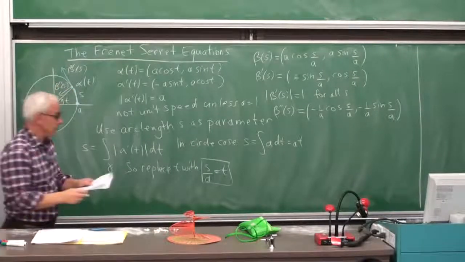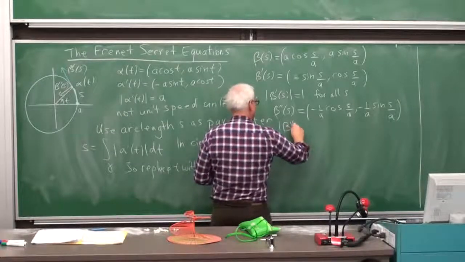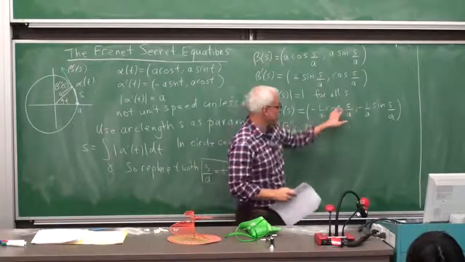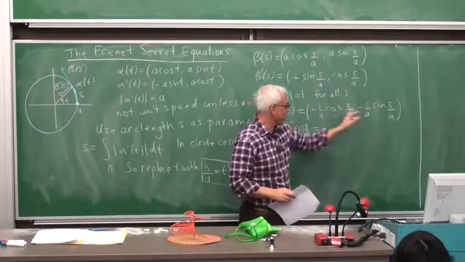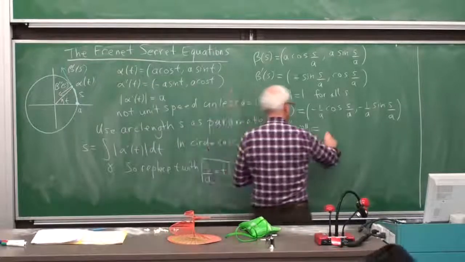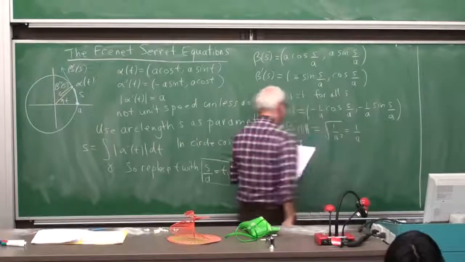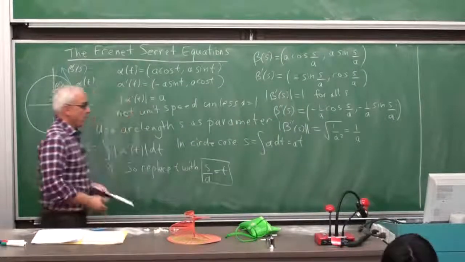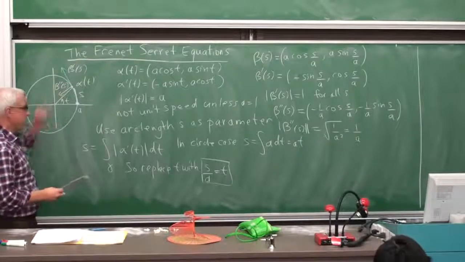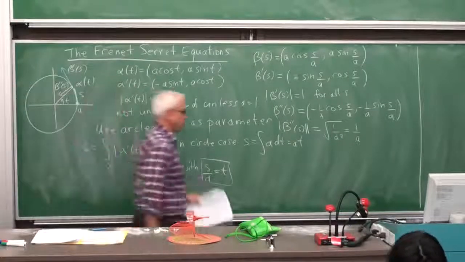The length of beta double prime of s is still just this squared plus this squared, the cosine squared and sine squared will still add up to 1. And we'll just get the square root of 1 over a squared, which is 1 over a, which is, in this case, the curvature of this circle.